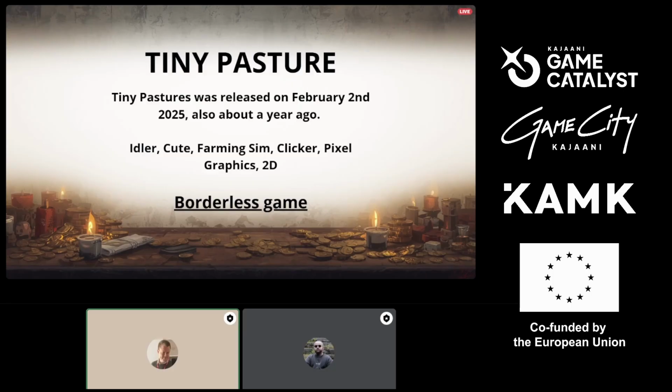A borderless game is a game that is not in a window on your screen. You can put the game beneath your toolbar in Windows, as an example, and it will stay there, and you will see the animals running next to your toolbar and your application windows, where they collect the items or whatever they're doing.